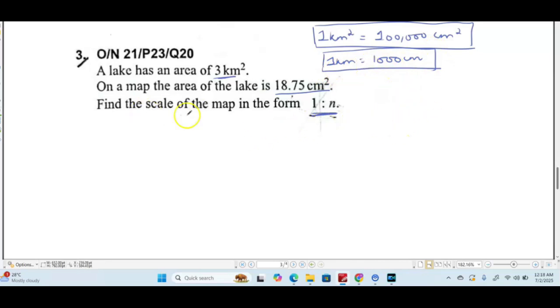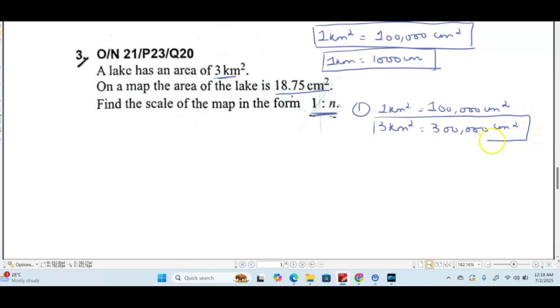So now, first step is first. We know that 1 kilometer square is always equal to 100,000 centimeter square. We've been given the lake has an area of 3 kilometer square in actuality. So 3 kilometer squares would be equal to 300,000 centimeter squares. So we've established our relationship according to the question that we've been given.